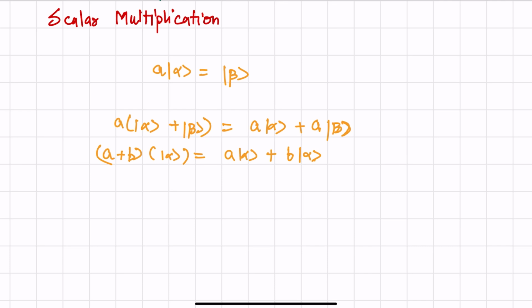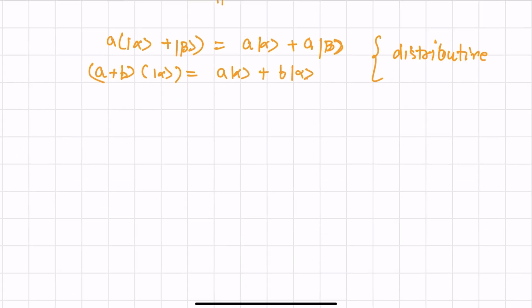If you multiply A with the sum of vectors alpha and beta, you can distribute it to alpha and beta. And if you add two scalars and multiply with a vector, you can distribute that too. So it applies in both of these ways. This is the distributive property.